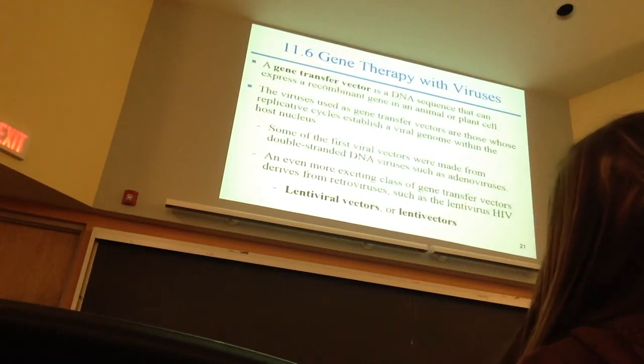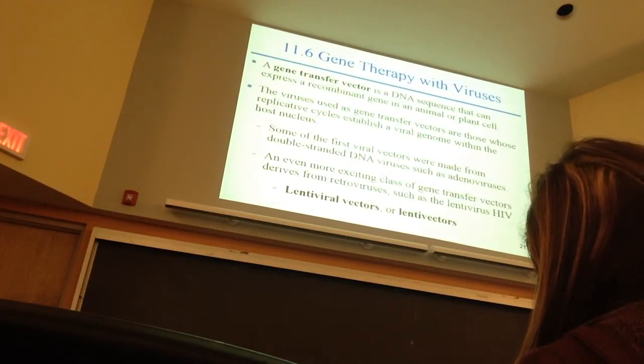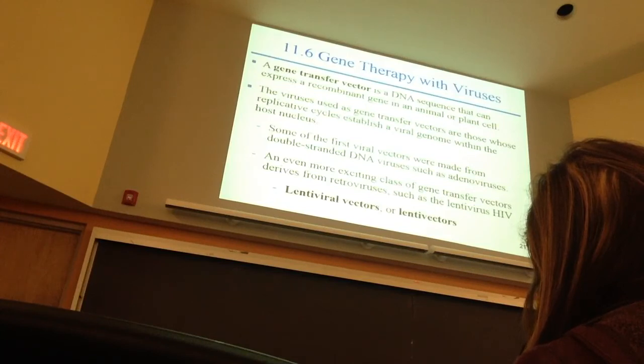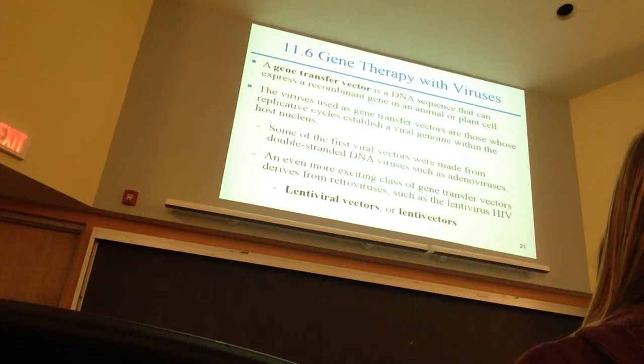Okay, so you need a vector if you're going to do any sort of gene therapy. The context of this is that genetic defects potentially can be repaired with new genes. And how do you bring those genes on site into your liver or into the organ that has this genetic defect?